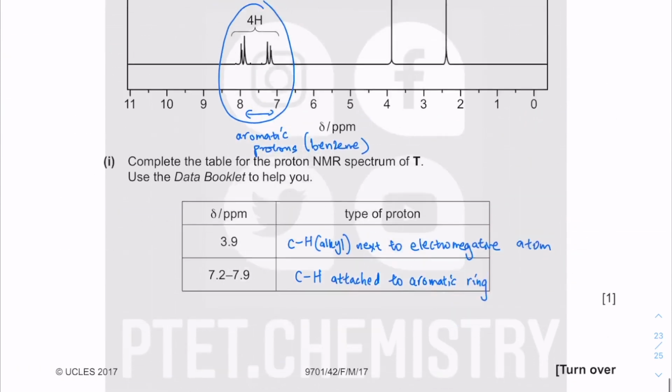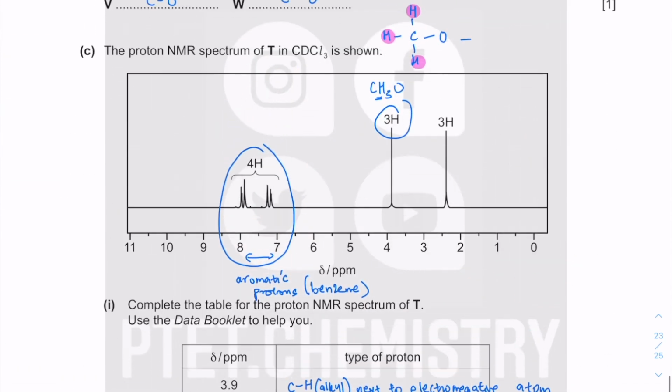Let's have a look at this 2.4 ppm. It's also a singlet, and it's a CH3, so it must be bonded to something. It's bonded to a carbon, because the other one is bonded to oxygen. It's got to be CH3 because there are 3 hydrogens as part of the integrated ratio.